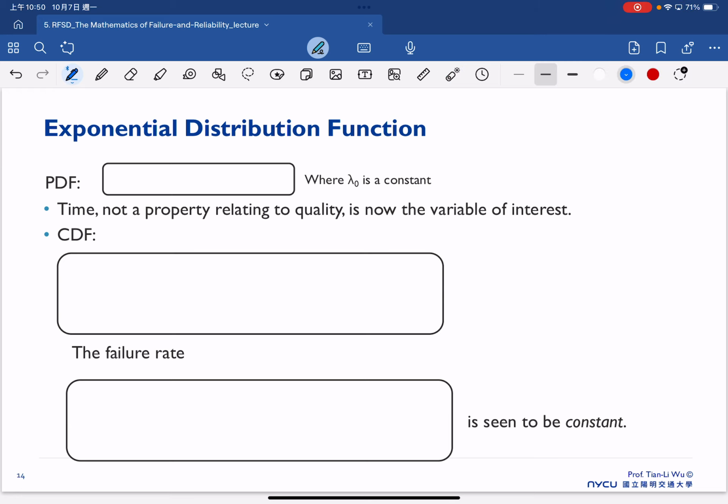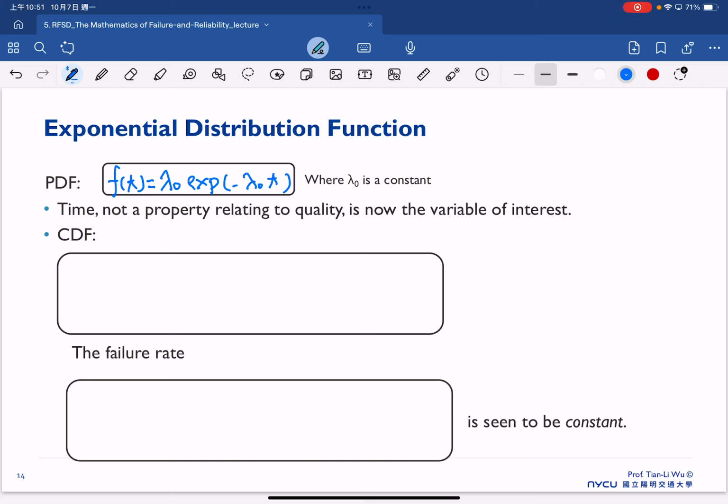If we consider the exponential distribution function, the PDF is written as f(t) equal to lambda 0 exponential minus lambda 0 t. Basically nothing special for this function.